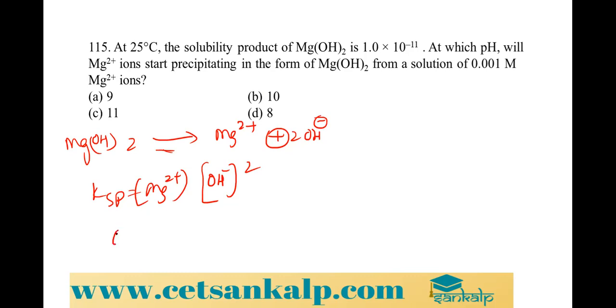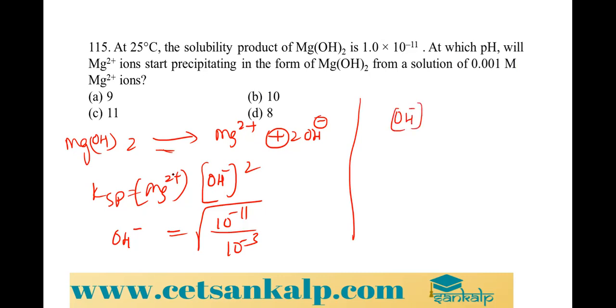So they are asking you to calculate the OH minus ion concentration, which is equal to 10 to the power minus 11 divided by 10 to the power minus 3. Okay, then the OH minus ion concentration is equal to the square root of 10 to the power minus 11.